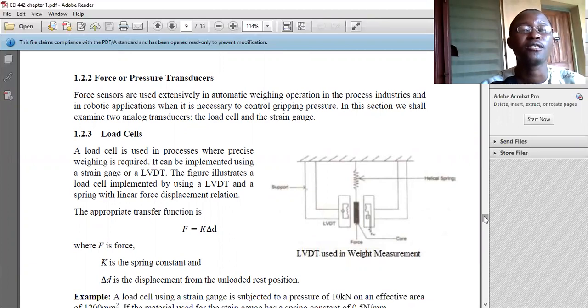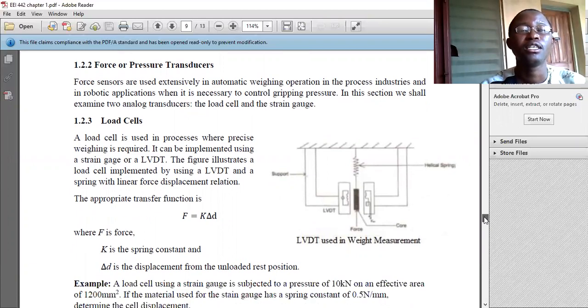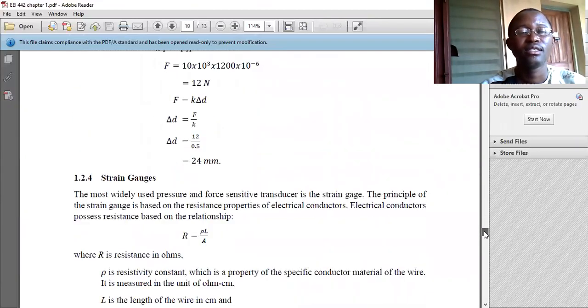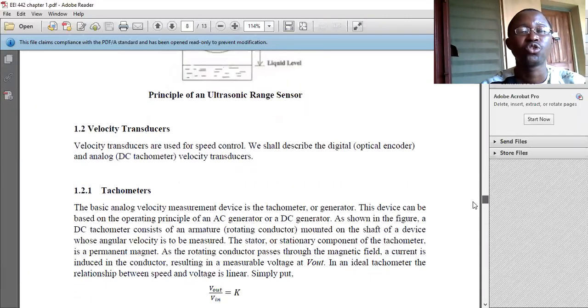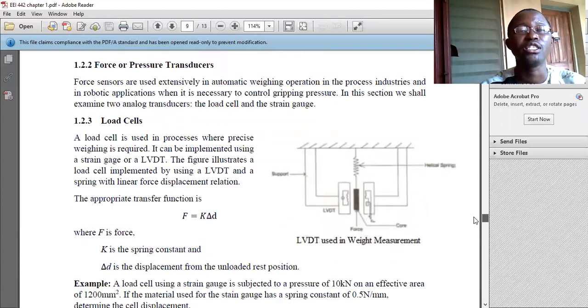We're going to look at a load cell, then we're going to look at the strain gauge. Force sensors are used in automatic weighing operations in industries and in robotic applications, where it is necessary to control a given pressure. And we are going to consider these analog devices, the load cell and the strain gauge.